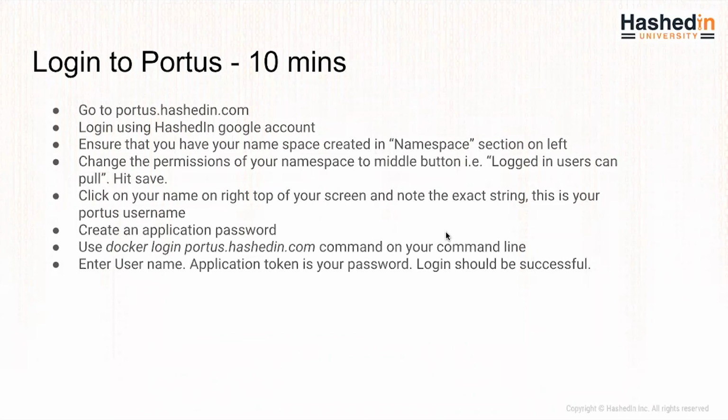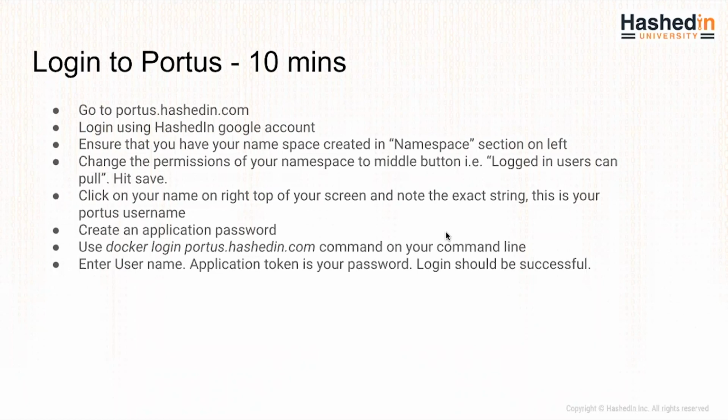Till now, we have created an image and run that image, which was given in the Docker official documentation. So you have containers, you listed images, you listed containers. Now you can also push that to Portus using the credentials that you just logged in with.